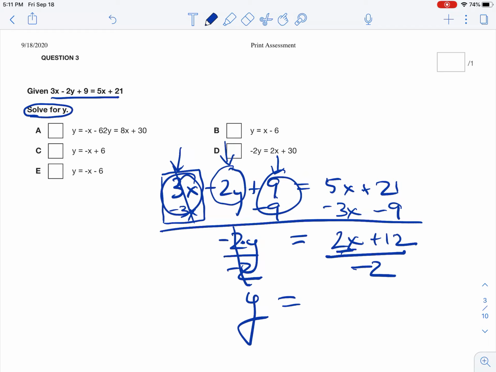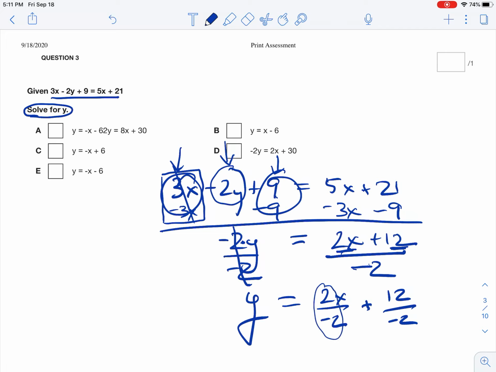And so I have this part of the numerator, 2x. I'm going to put it over this common denominator of negative 2. Then I'm going to add this part of the numerator and divide it by the common denominator. Because by doing that, then I can simplify a little bit more.